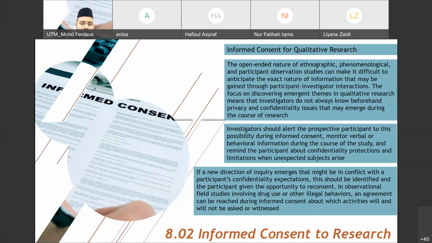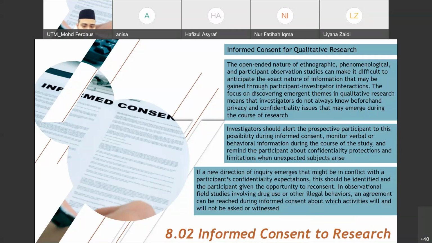Investigators should alert the prospective participant to this possibility during informed consent. Monitor verbal or behavioral information during the course of the study and remind the participant about confidentiality protections and limitations when unexpected subjects arise. I'll give you an example of the marriage study before. So you want to study marriage issues. What are the issues that happen, that cause satisfaction or happiness during married life?